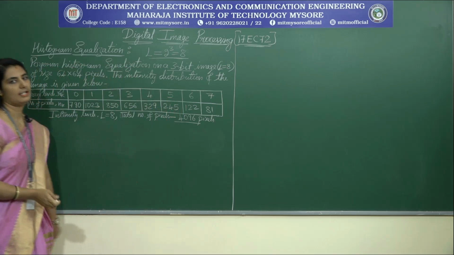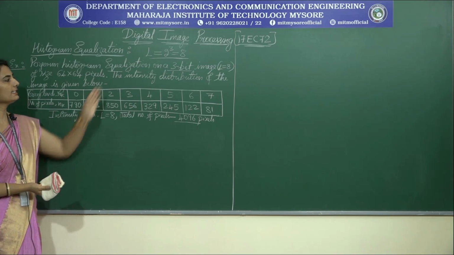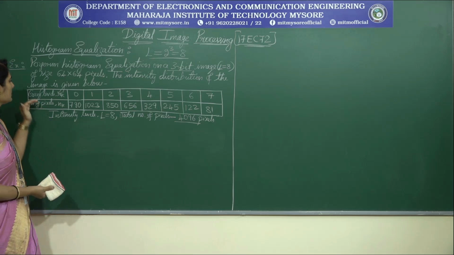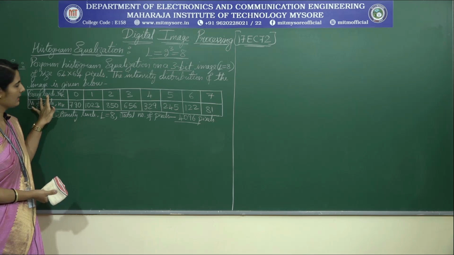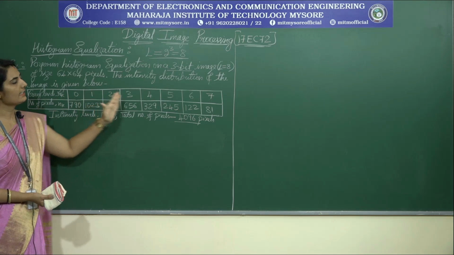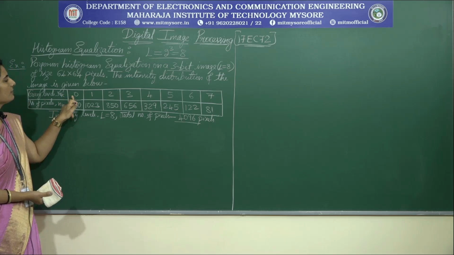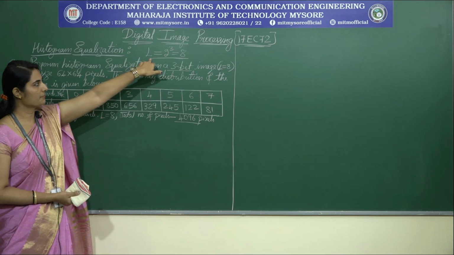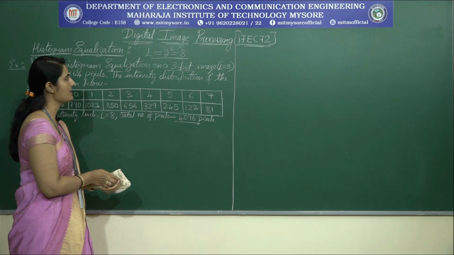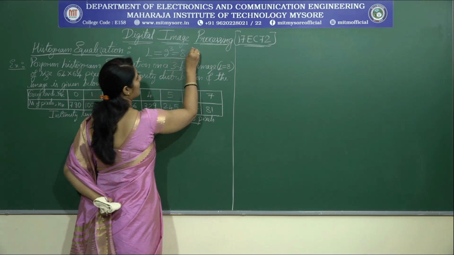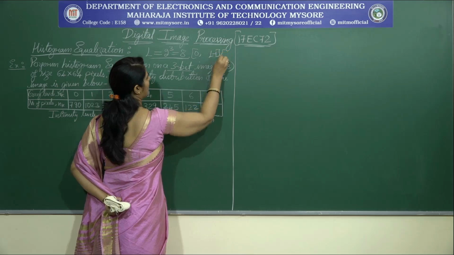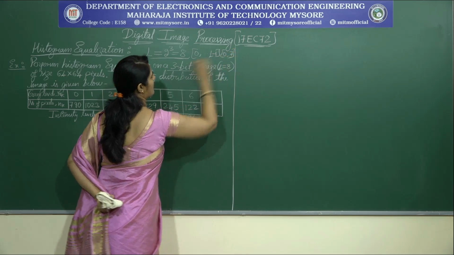We know this. As well, they have given the intensity distribution of this image. This is a gray scale image having 8 discrete intensity levels. Whenever you have L intensity levels, that is 8, the intensity levels range from 0 to L minus 1, that is from 0 to 7.